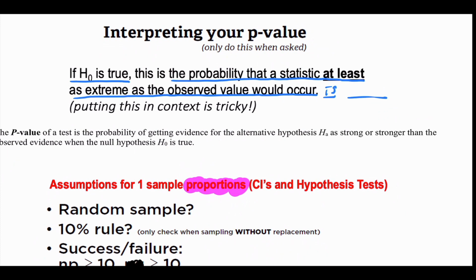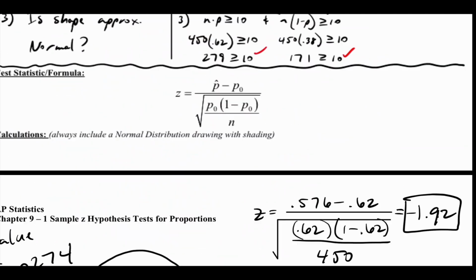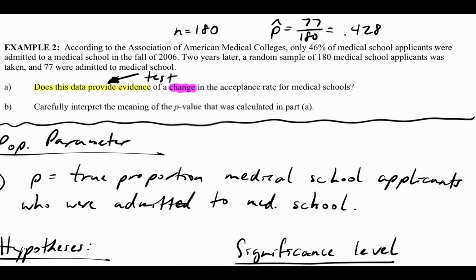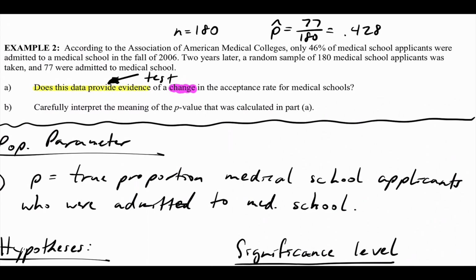So if the true proportion of all medical students who get into medical school is 46%, then the chances that I would go out and get a good sample of 180 students, and out of those 180 students, about 43%, 0.428, the chances I would get a sample proportion like that is the p-value.